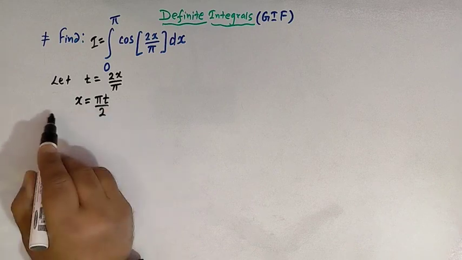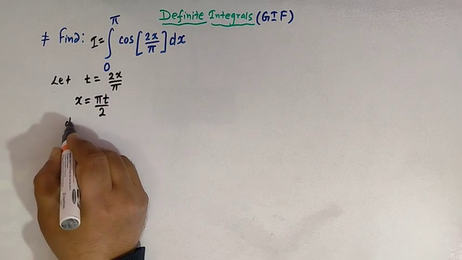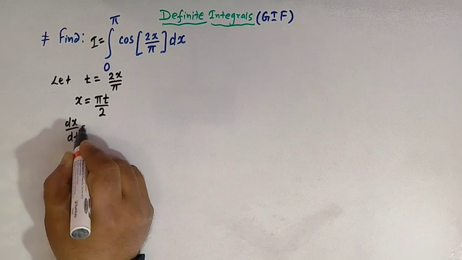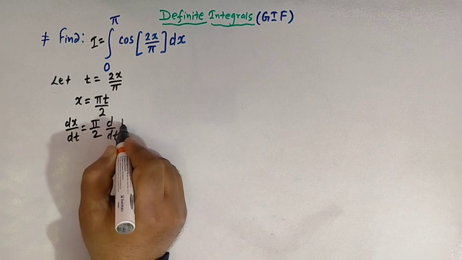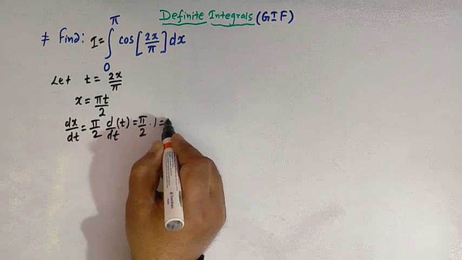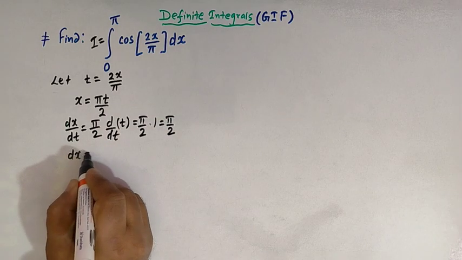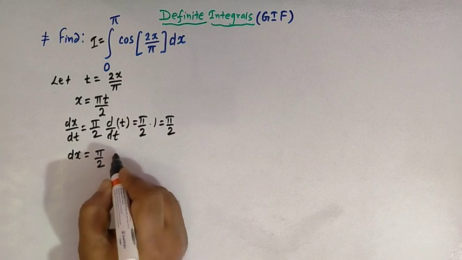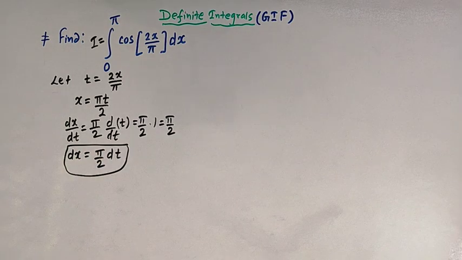Now let us differentiate both sides with respect to t, right? So we have dx over dt is equal to pi by 2, and the derivative of t here is pi by 2 times 1, that is pi by 2, right? So now dx can be written as pi by 2 times dt. So this is the value of dx.